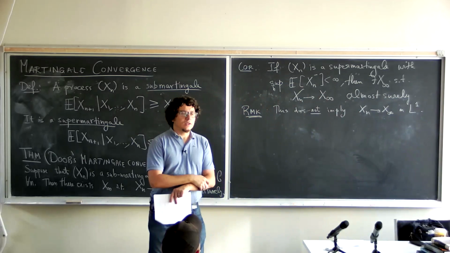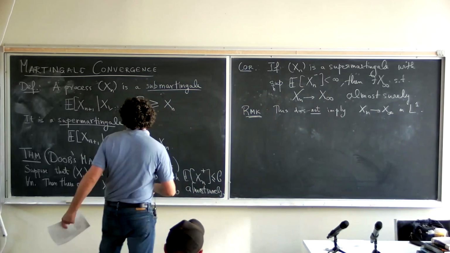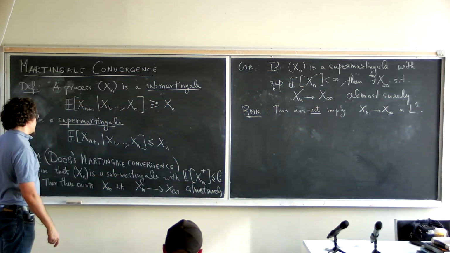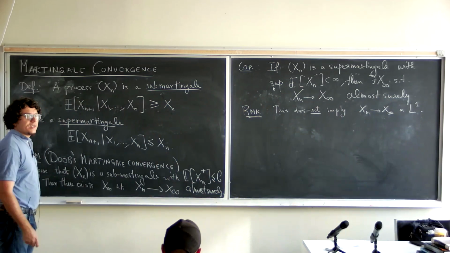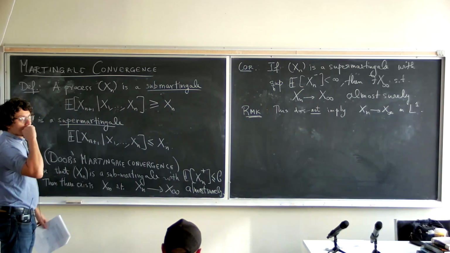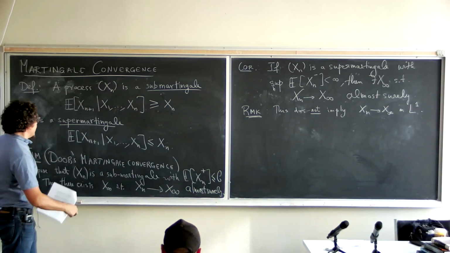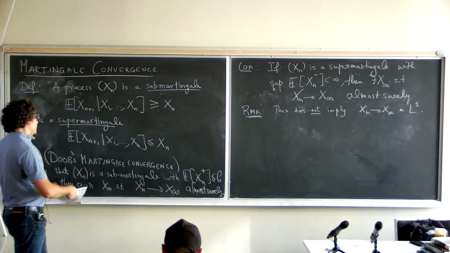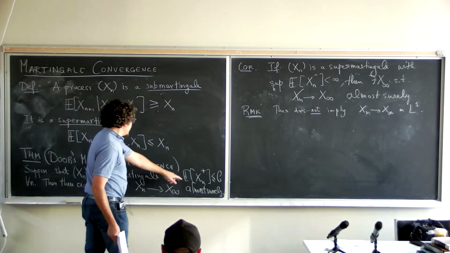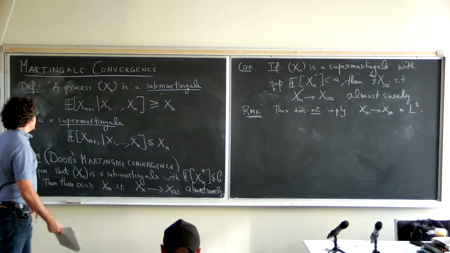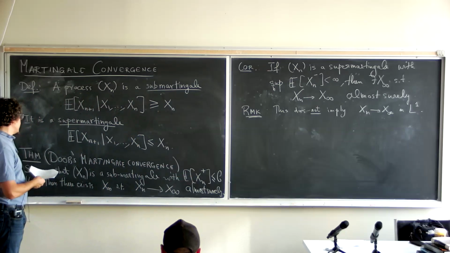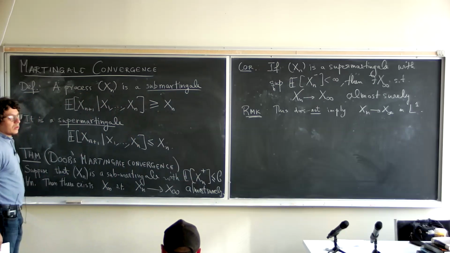Yeah, I think it sort of follows from this. If the positive part is bounded and you assume the supermartingale condition, maybe you want X1 to be in L1.